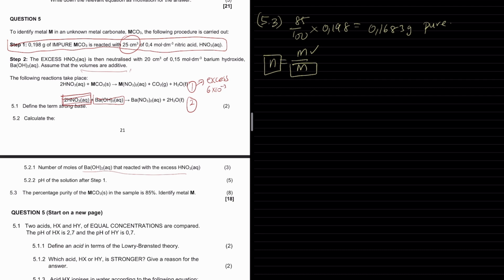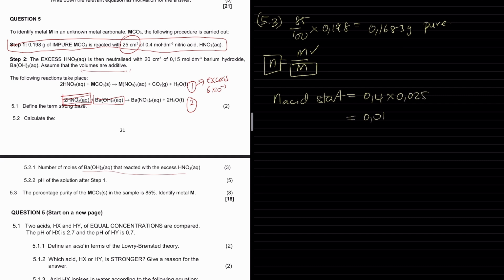It'll be easier if we just look at the number of moles of the acid at the start. So how much acid did I have at the start? At the start, I had 0.4 times 0.025.